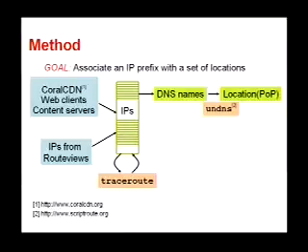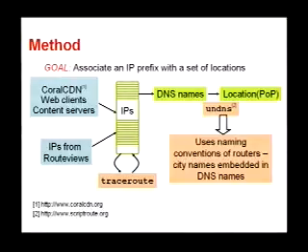So we're assuming that those reverse DNS entries are actually correct, which is one limitation, but that's the best we can do. From the DNS names, we can get a rough approximation of where that IP address might be sitting.